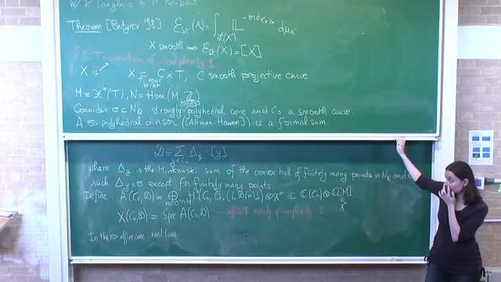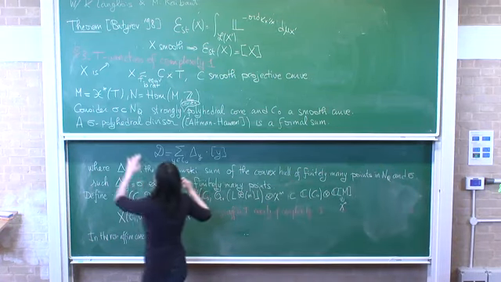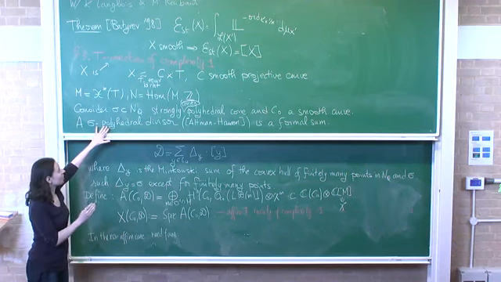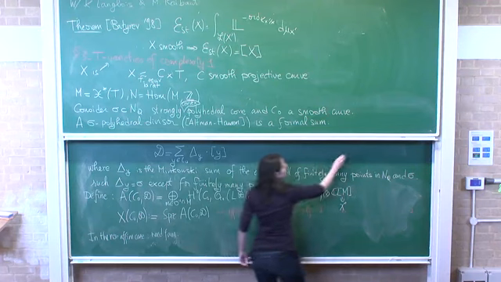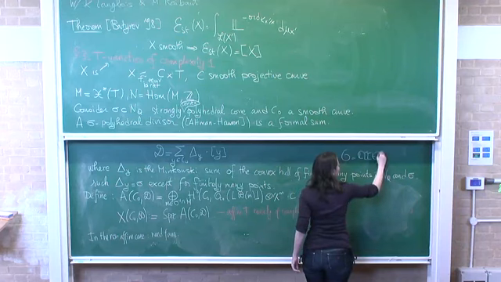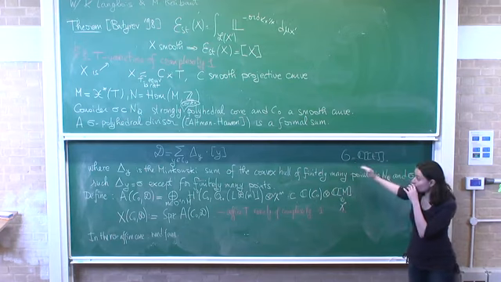And what she did is that she looked at the T of O orbits in the arc space. O being this.